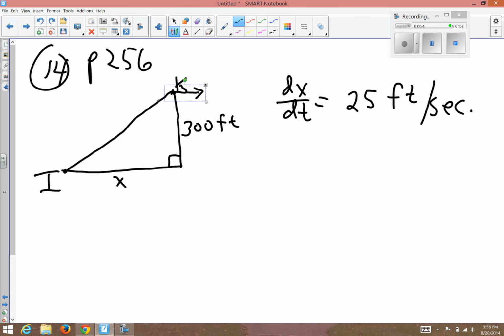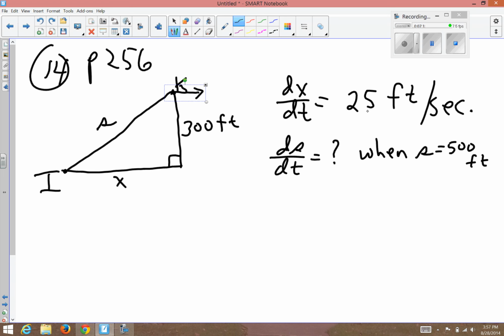The slanted line segment is the string. We'll put s for string. We want to know how fast this is being let out. So ds/dt is the rate we're looking for. When the kite is 500 feet away, that's when s, the string, is 500 feet from her.